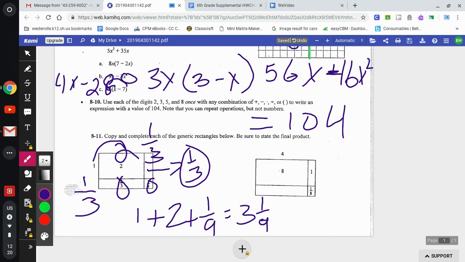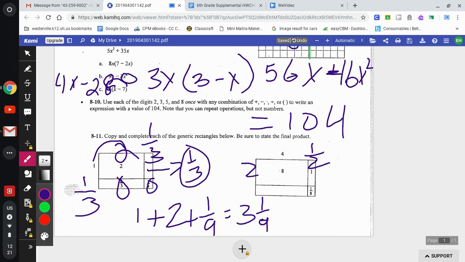All right, last one. I got 4, and I got an answer of 8, so I know this is 2. And then 2 times what would be 1? 2 times 1/2, so I have 4 1/2. And then 2 times what would be 1/8? Or how would I get 1? So if I had 4 on top, what would I get on the bottom?